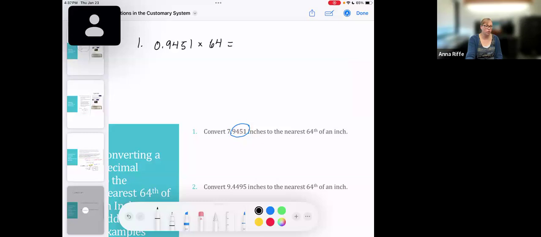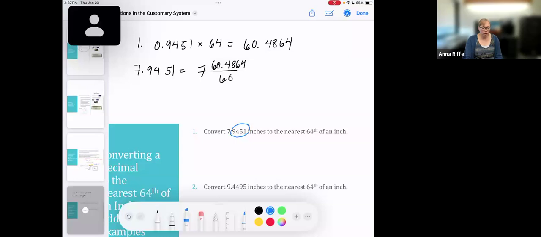0.9451 times 64, do that in my calculator, and I get 60.4864. So that's the number of 64ths that this is, which means 7.9451 is equal to 7 and 60.4864 over 64.